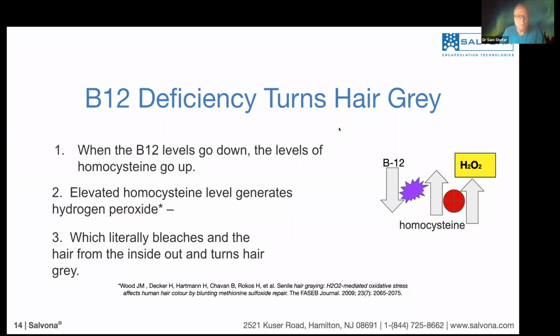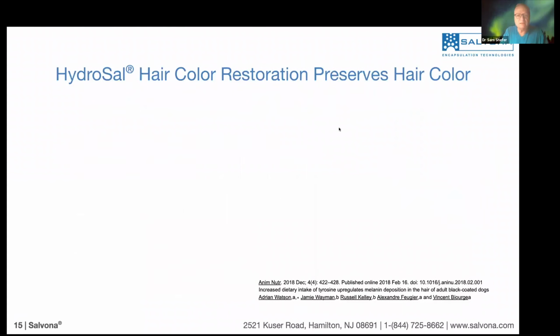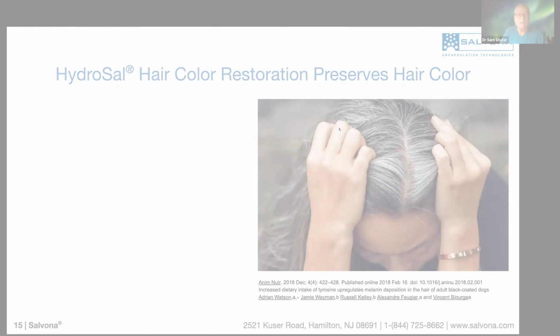So this is a complex process that involves B12, an increase of homocysteine, and a higher elevated level of peroxide. And peroxide is directly responsible for the gray hair. So many solutions are focused on reacting with the peroxide in order to reduce the bleaching effect, like any type of antioxidants.